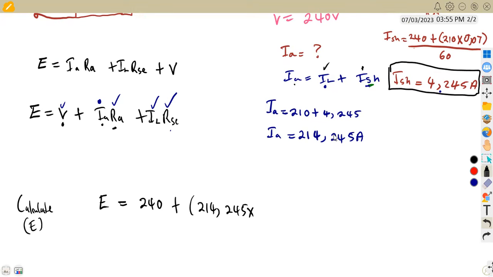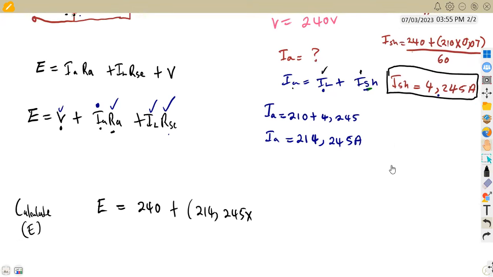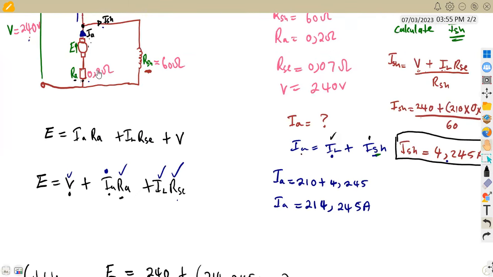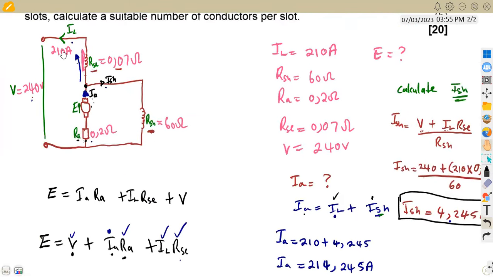Our armature resistance, from the information, is 0.2. So we are going to multiply by 0.2 plus the load current. Remember the load current we are given, which was 210.